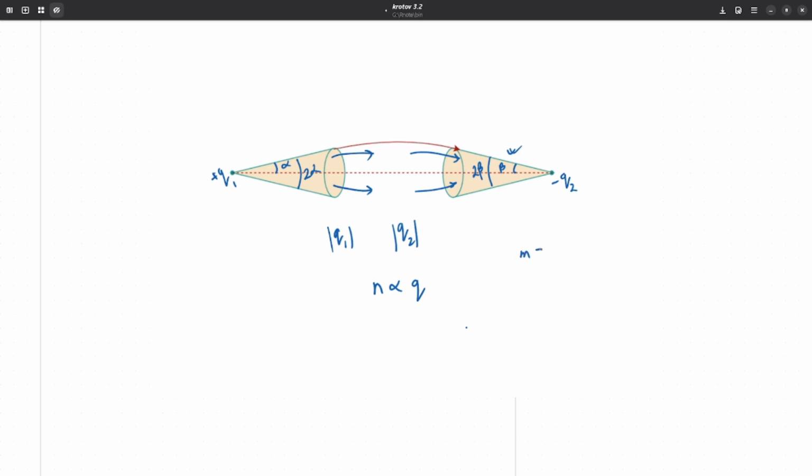So M is equal to n by N, where N is the total number of field lines and small n is the number of lines converged into minus Q2. From here, we can write n to be equal to M times N, multiplying Q both sides, we get M times QN.